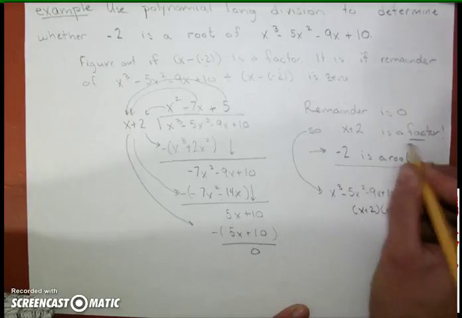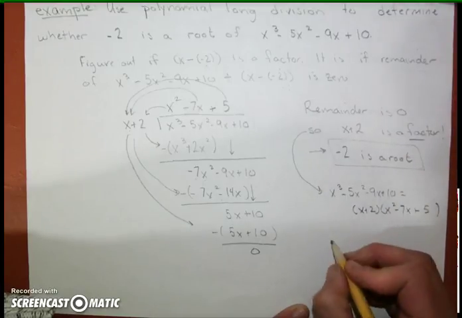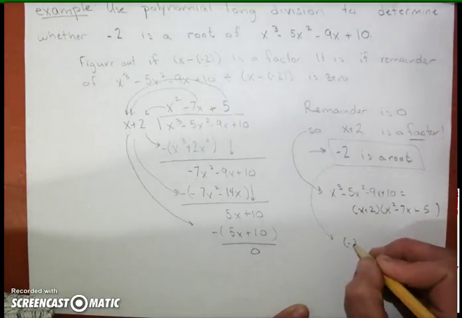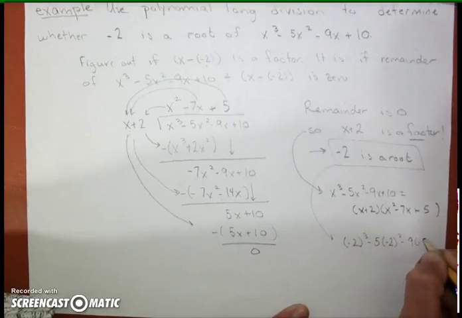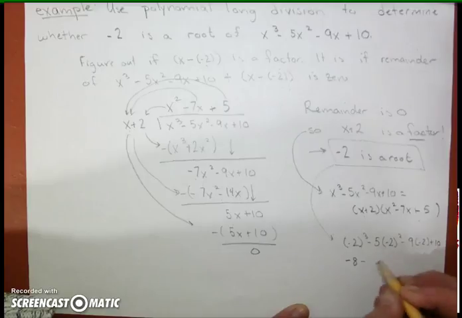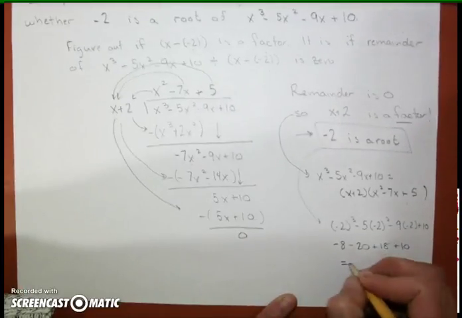And negative 2 being a root says that if we plug in negative 2, we should get 0. So if we do negative 2 cubed minus 5 times negative 2 squared minus 9 times negative 2 plus 10, this is going to be negative 8 minus 5 times 4 is 20 plus 18 plus 10. And if I've done everything correctly, this should be 0.